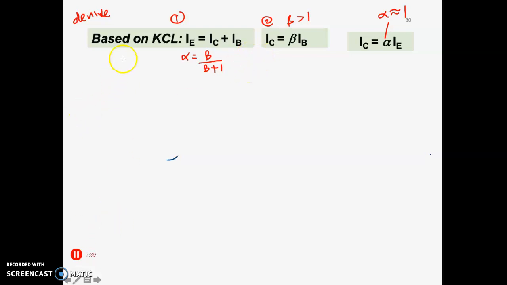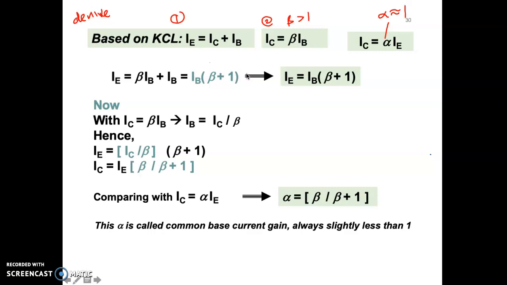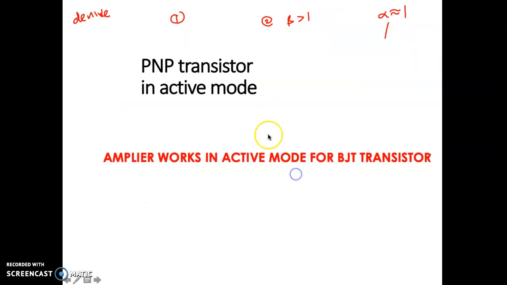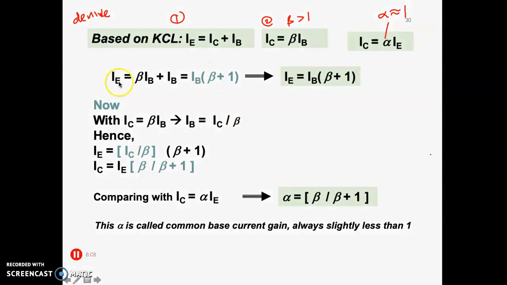I give you some time to try by yourself to derive how, from these three equations, you can prove that alpha equals beta over beta plus 1. This is an example of how to derive. You can use your own way, either plugging 2 into 1 or 3 into 2, as long as you can derive that alpha equals beta over beta plus 1.